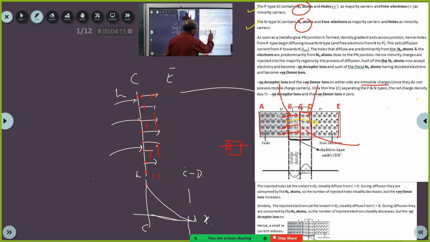Since this region is now depleted of free charges, the diffusion currents cannot cross this point because this region is bereft of the transportation. That is, there are no charge carriers. So whatever charges had initially come to this layer, only they are percolating inside. That is the point that I wanted to drive home to all of you. Did you get it? Yes, sir.